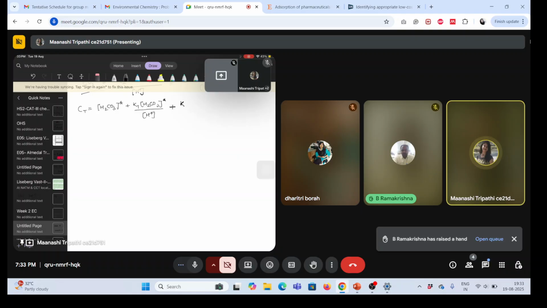This might get confusing, but remember a few points. H2CO3 star, H plus square.